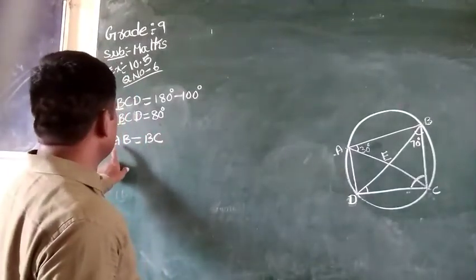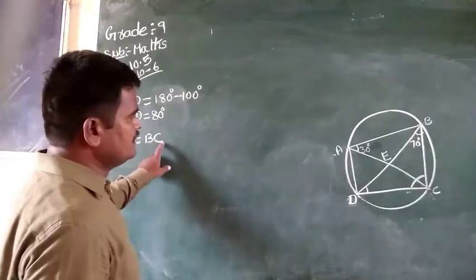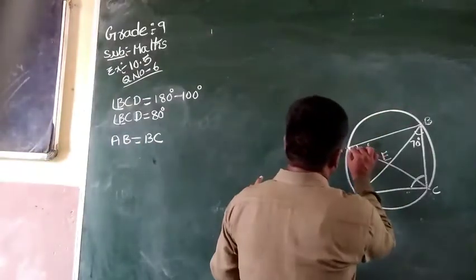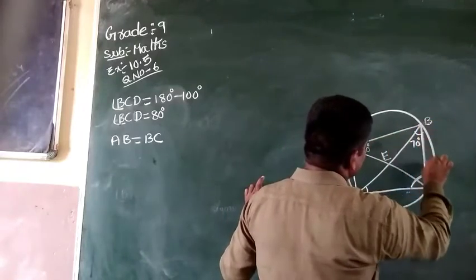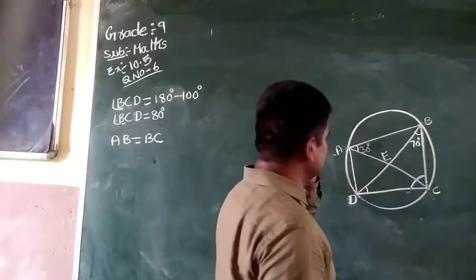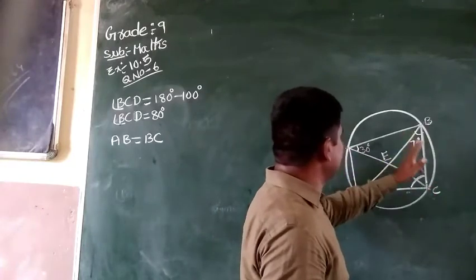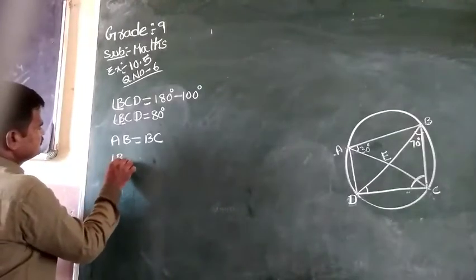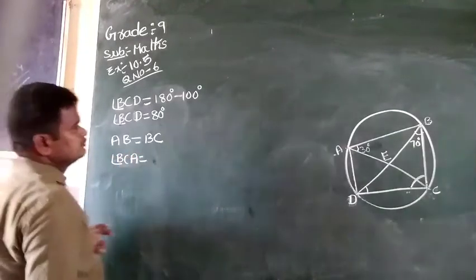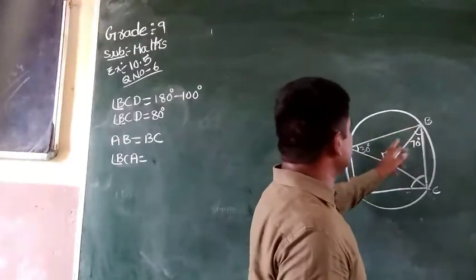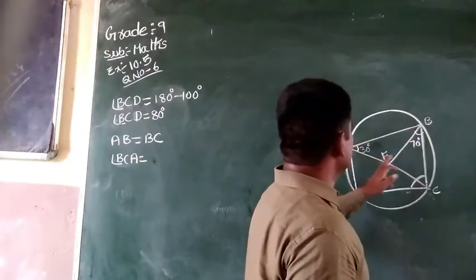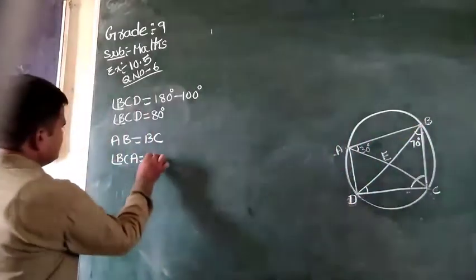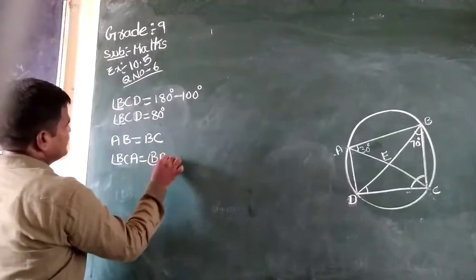Next, AB equal to BC. So AB opposite angle is angle BCA, and BC opposite angle is angle BAC.